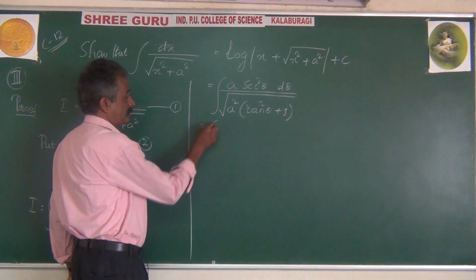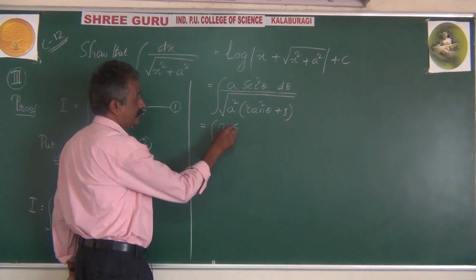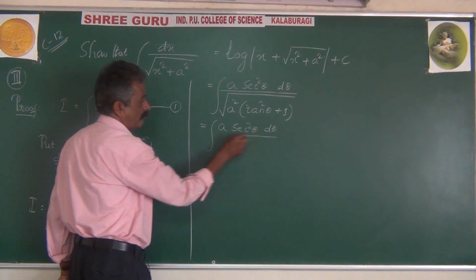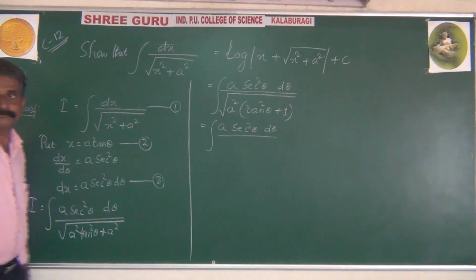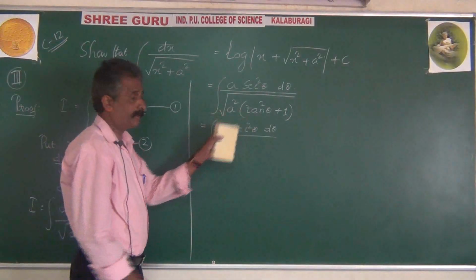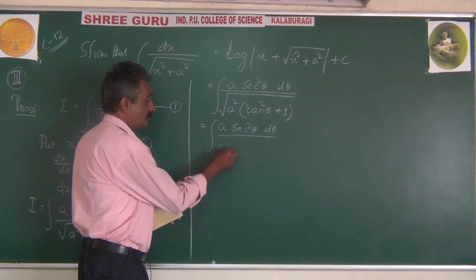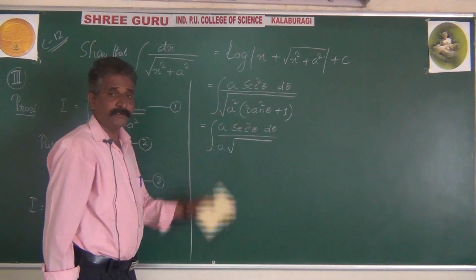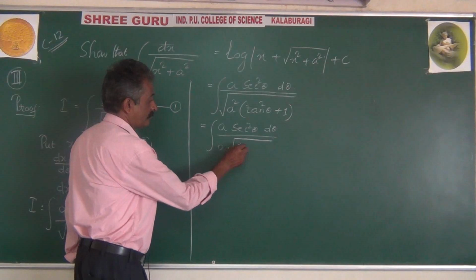Further, integration a secant square theta divided by a into square root of 1 plus tan square theta, that is equal to secant square theta.